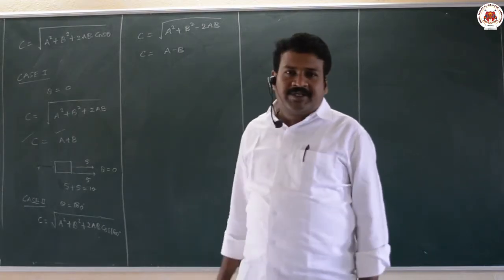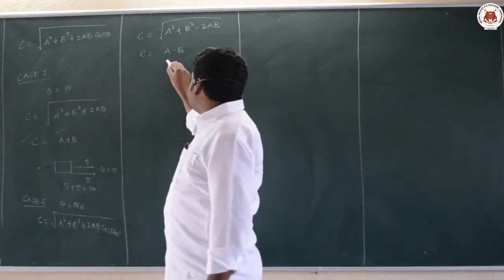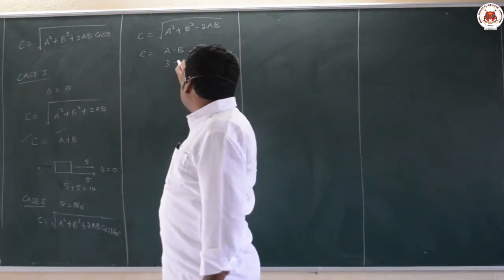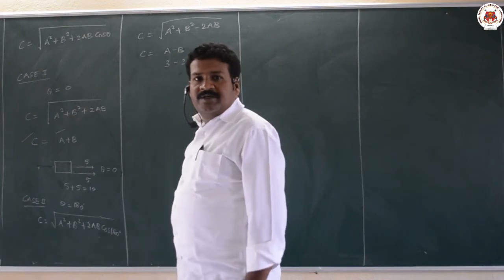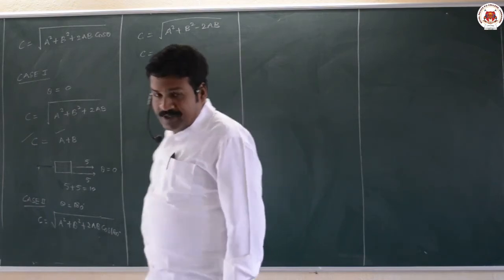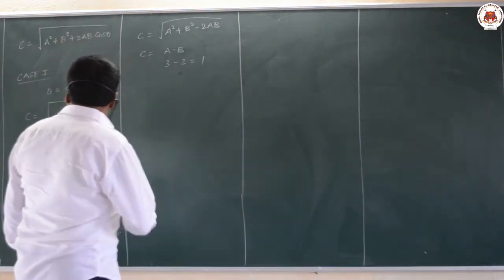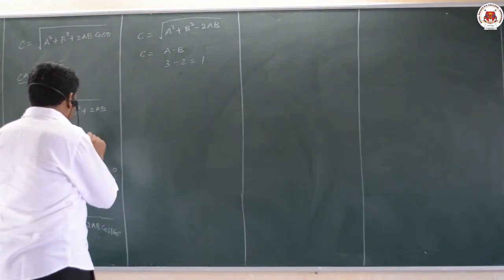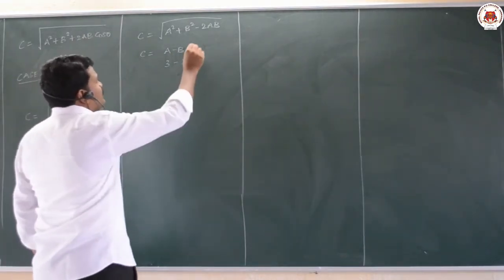Minimum how much can I get? 1. So if A is equal to 3 and B is equal to 2, minimum I can get 1 and maximum I can get 5. That means this addition lies in between. This I can take as the maximum resultant and this as the minimum resultant.